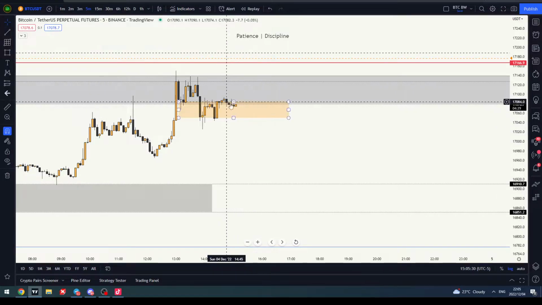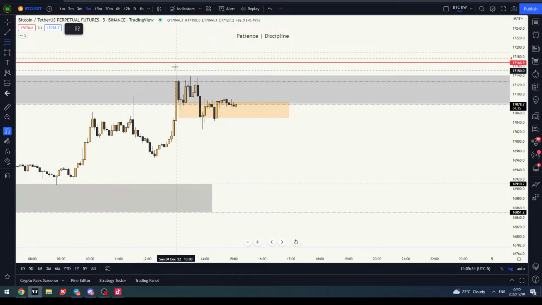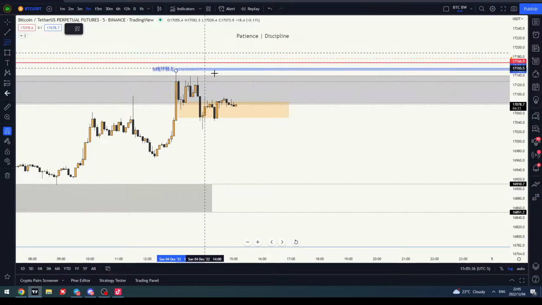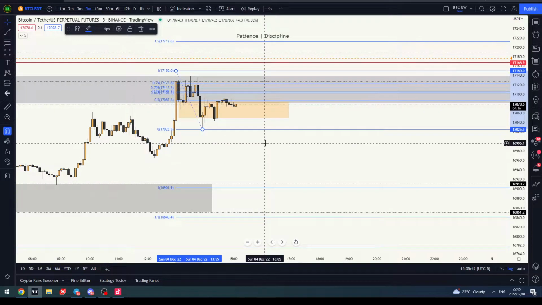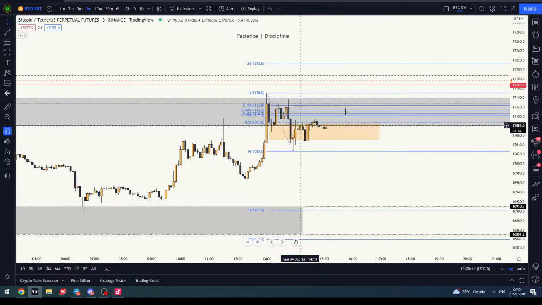So if we were aggressive, on a fib retracement, anything 50% and above, we'd be looking to short that down, right?